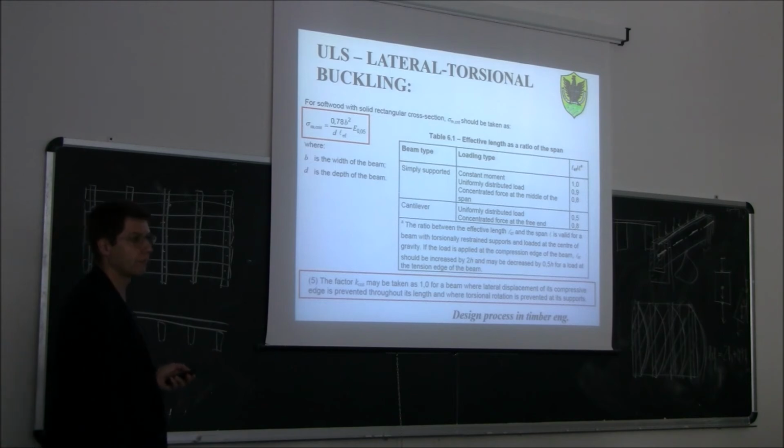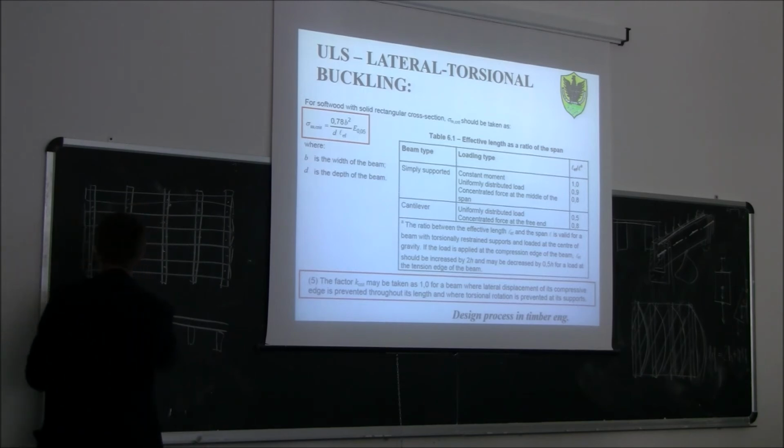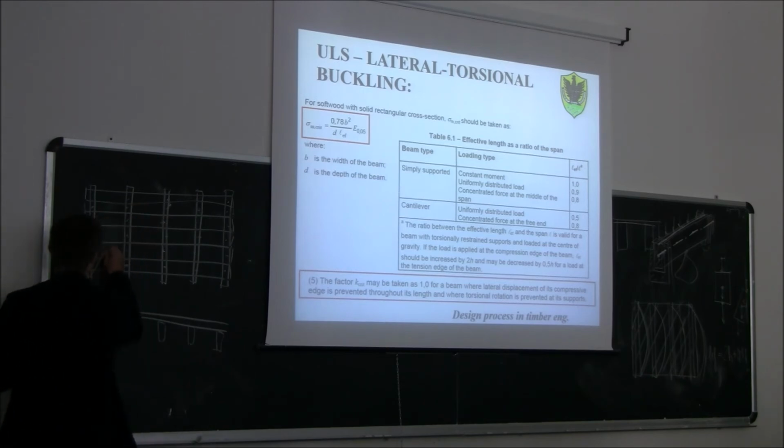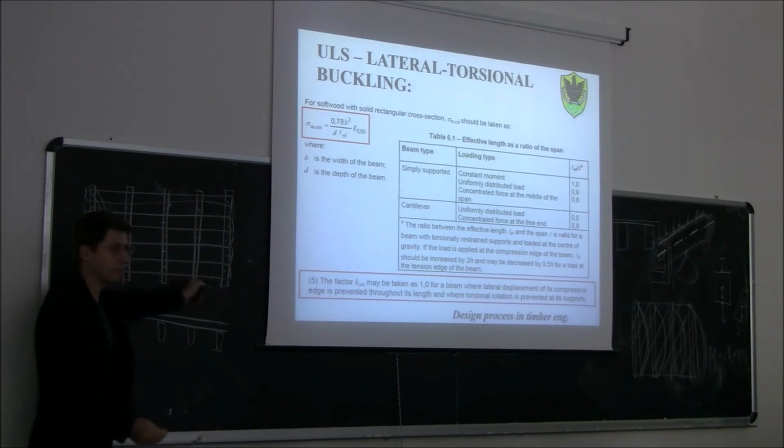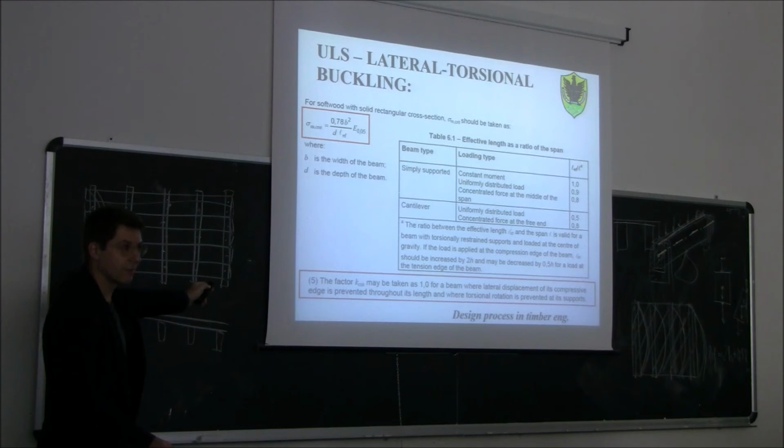Answer? No. What could happen in this case? Suppose that one beam tends to buckle here. You could say, okay, but this beam cannot buckle because there are the others. But what could happen in this case is that all the beams buckle together.